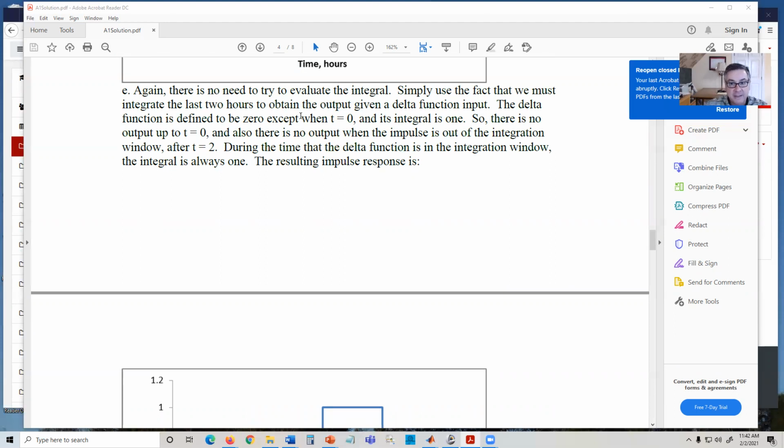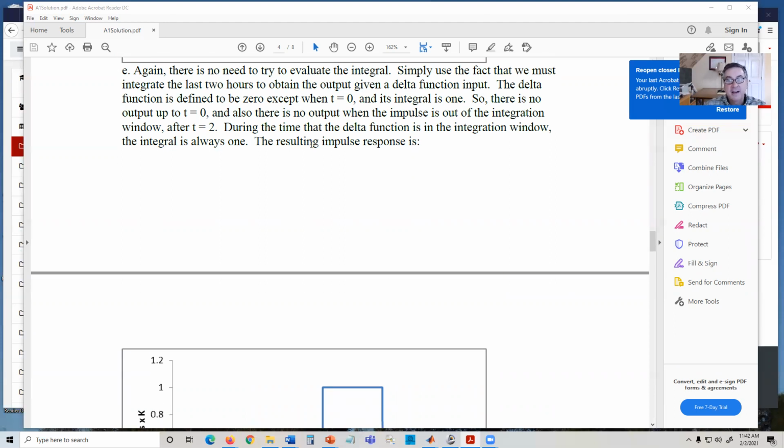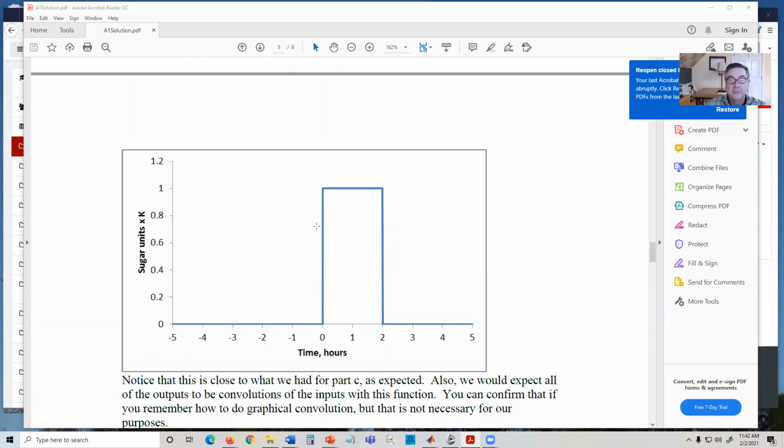Otherwise, we're not going to get anything. And so if you do that, for the time the delta function is within the window, you're getting a constant value, right? And so this would be the impulse response of the system. Okay, remember, impulse response is the response to putting an impulse into the system. And when we say impulse, another name for delta function is unit impulse.